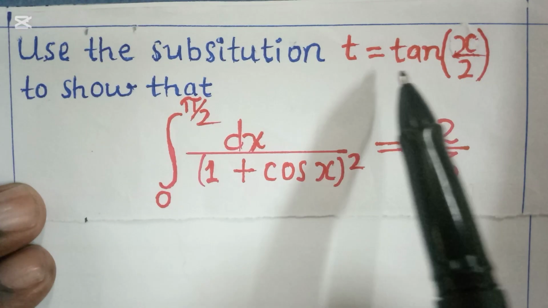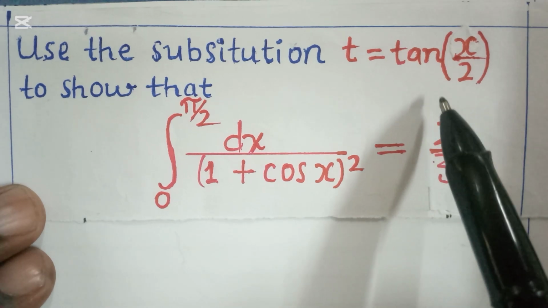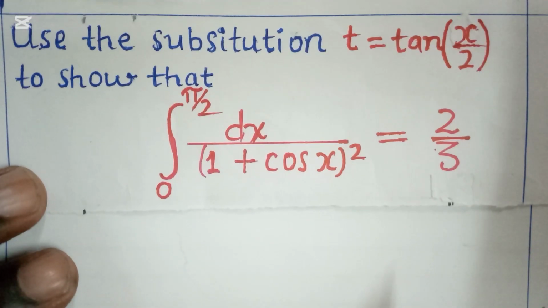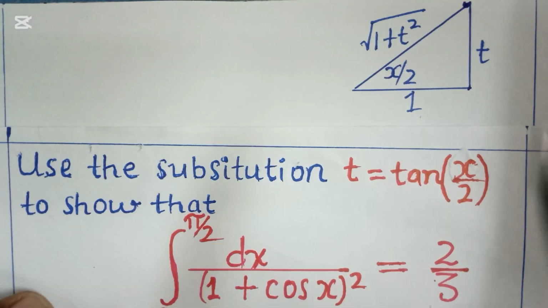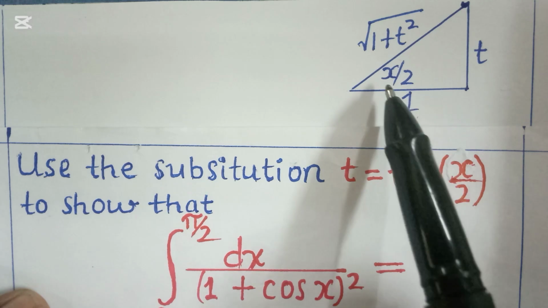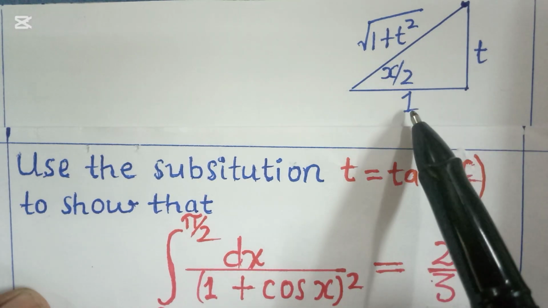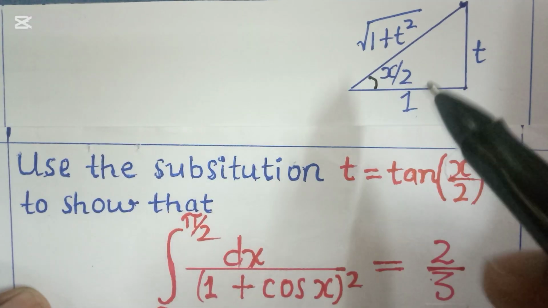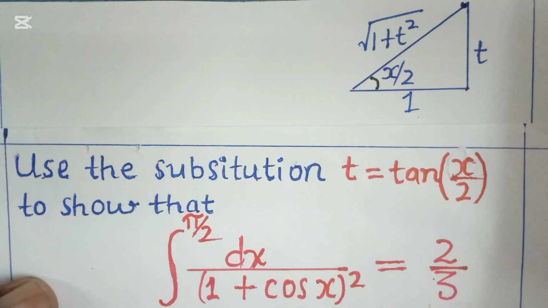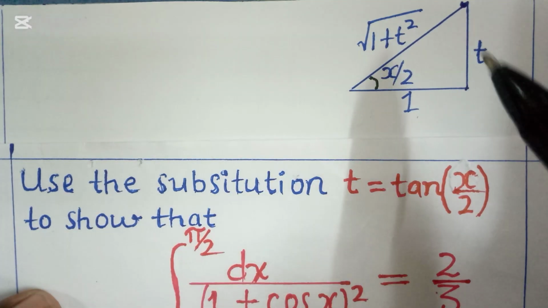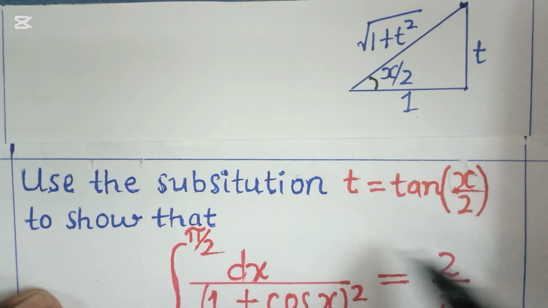So guys, what we are going to do is first work out this, and this one can be worked out by what we have here. Let me show you. We are saying tan x over 2 should be equal to t over 1. This is our angle, and so we can also find cos. If we look for cos using this triangle, we have derived that triangle from this.